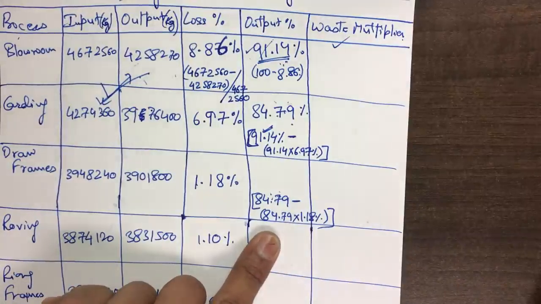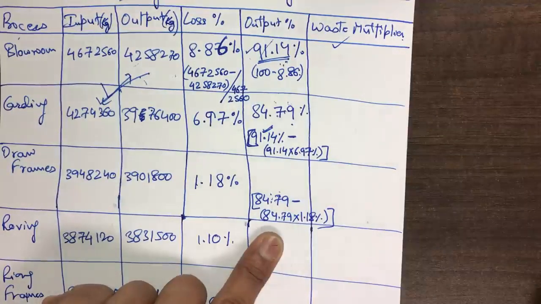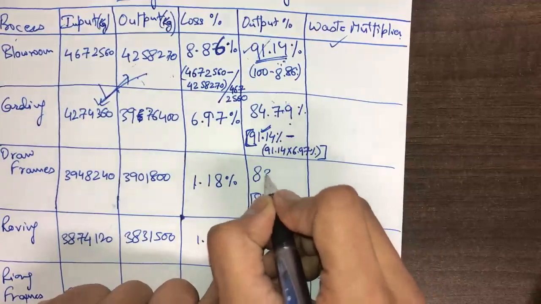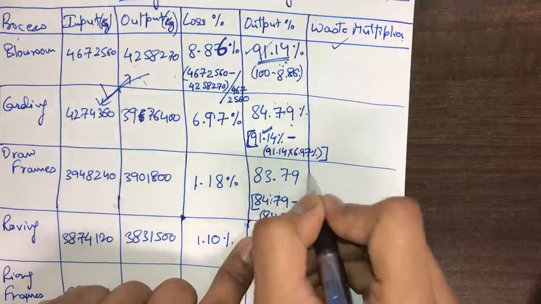So, the output of the third process will be 83.79%.